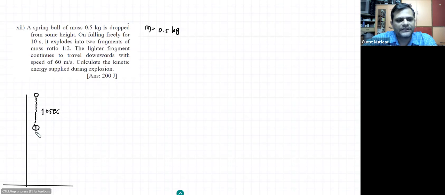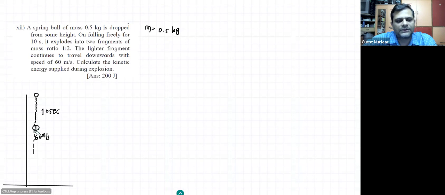So this lighter fragment moves in the downward direction at 60 meters per second. At the same time, we are not given anything about the other fragment. Nothing is given about its direction or its velocity.